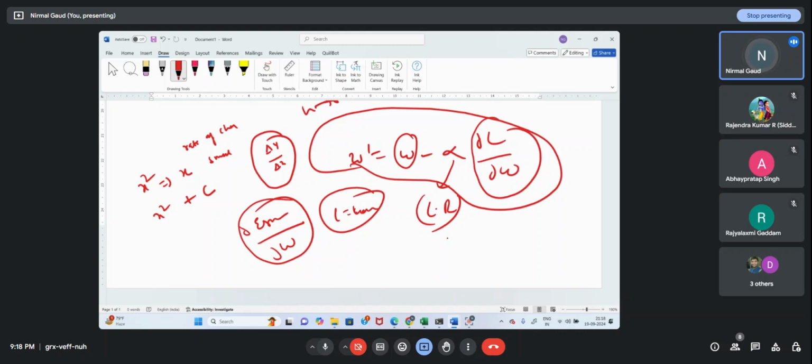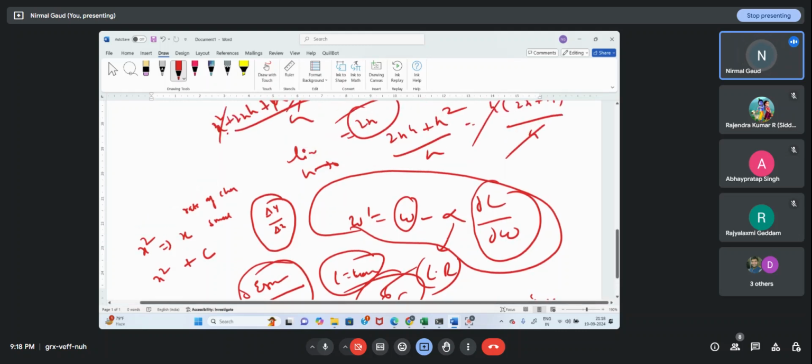See, integration is of two types. One is definite, one is indefinite. Whatever you are seeing in this way, this is definite integration from a to b, when you have an upper limit and a lower limit. In case you do not have the limits, you just write integration of x, that will be x square plus c, a constant. We have to add a constant.